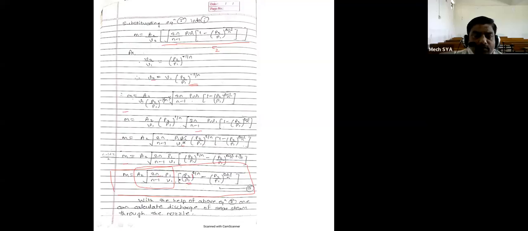So its differentiation, this is constant. And therefore this will be acting as a constant into d of P2 upon P1 into differentiation of P2 upon P1 raised to 2 upon n minus P2 upon P1 raised to n plus 1 upon n, is equal to 0. This condition we got.